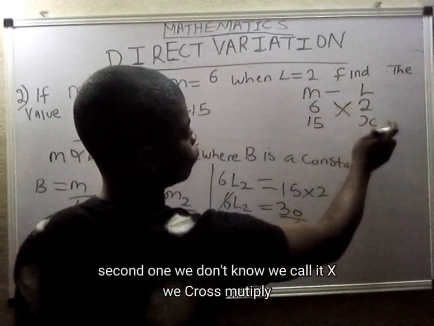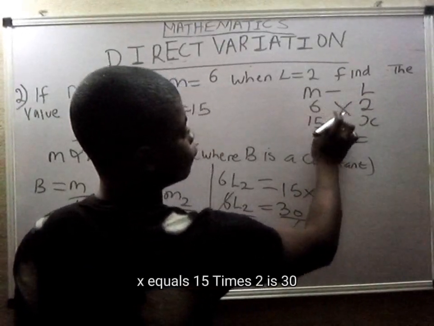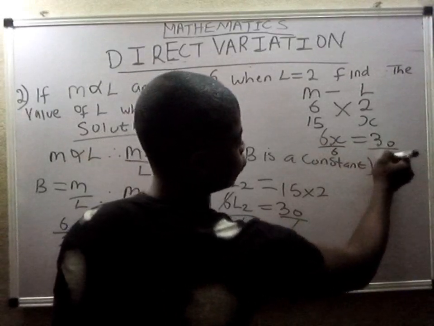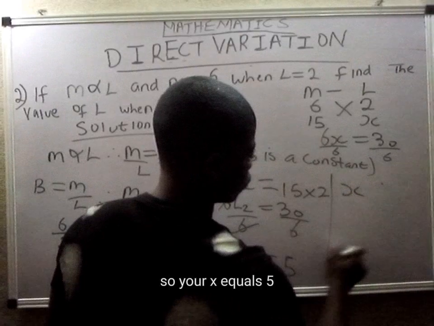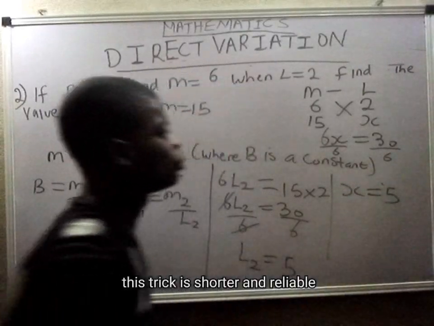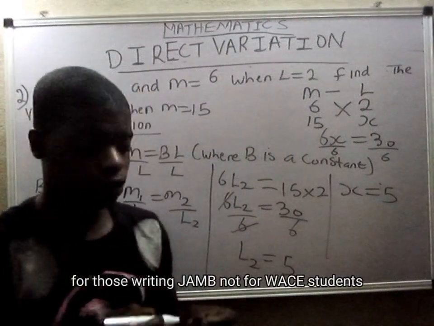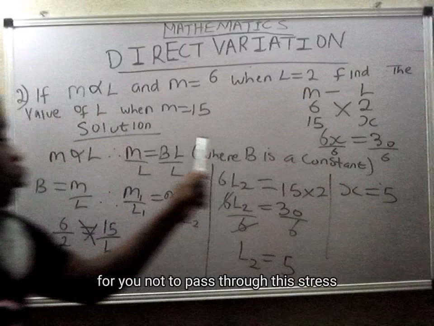We cross multiply. So it will be 6x equals 15 times 2, which is 30. Divide both sides by 6. So your x equals 5. This trick is shorter and reliable for those writing JAMB, not for WAEC students. So this is very quick for you to go through this stress.